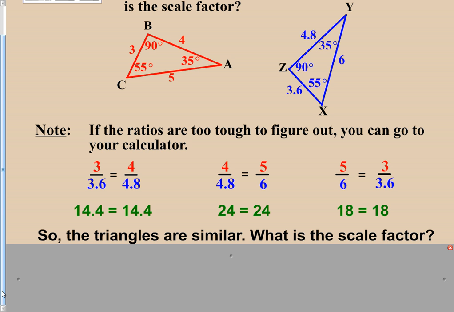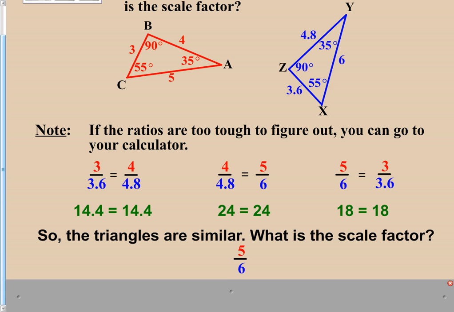Those are both whole numbers, a 5 in the numerator and a 6 in the denominator. Can that ratio be reduced any further and still have whole numbers for both its numerator and its denominator? I don't think it can. There's no whole number that'll go into a 5 and a 6 at the same time. So 5 over 6 is going to be the scale factor that controls this problem.